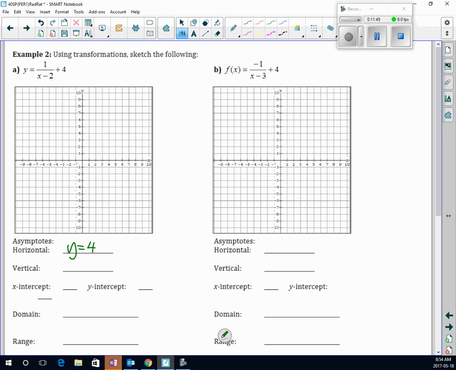We're going to draw that at 4, and I'm going to do it across, I know I said you don't need to, because we don't know where our floop is going to be. My floop is a high technical term, floop. Vertical asymptote, where is it? X equals 2, and we know that because it usually is at x equals 0 and it got shifted to the right. So x equals 2.